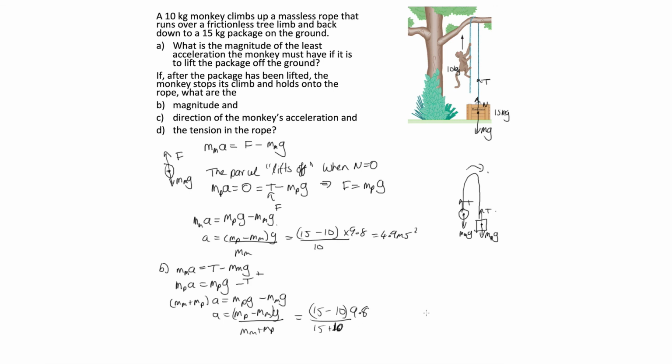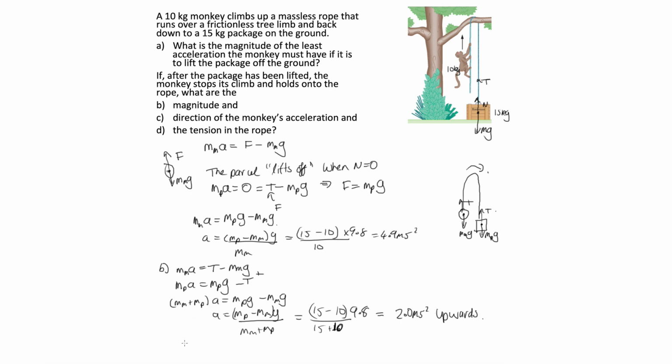And so solving this on the calculator, we end up with this is equal to 2.0 meters per second per second. And we're asked for the direction of the monkey's acceleration, that's upwards. And then part D, we're asked for the tension in the rope.